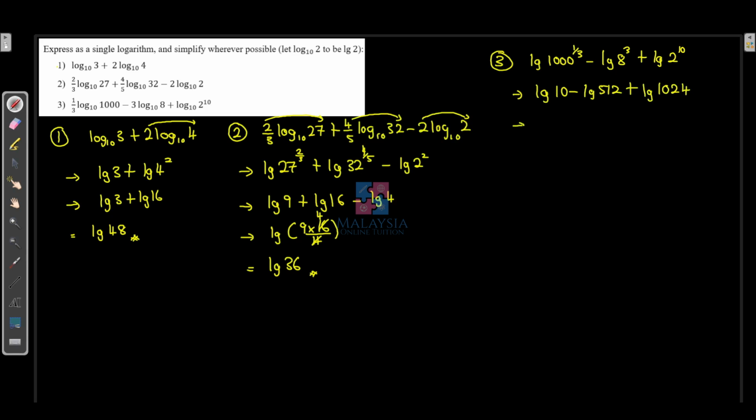Again, utilizing the same concept from part 2 just now: addition means multiply, minus means division. So log, and then we have 10 times 1024 divided by 512. So 1024 divided by 512, you will get 2. So 10 times 2 is 20. So log 20 is the final answer. So that's all for question number 2, for the final answers.